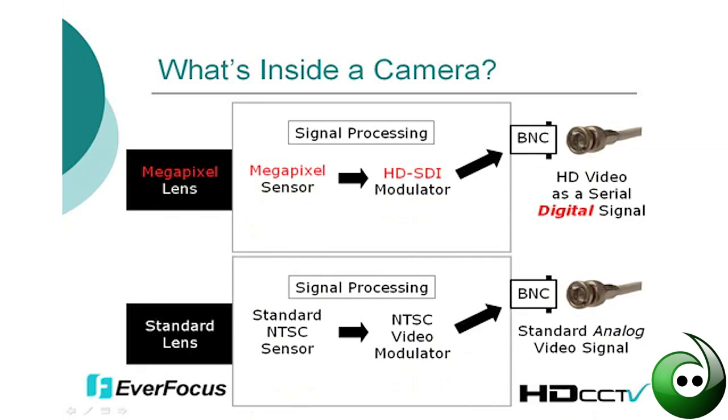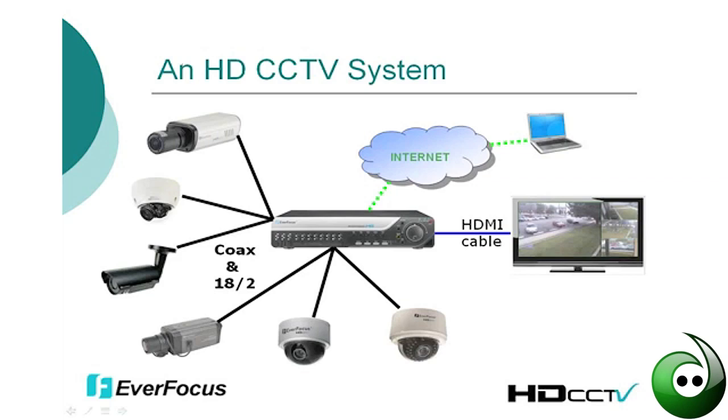And a megapixel camera will have a megapixel lens, a megapixel sensor, some signal processing, and then an HD-SDI modulator, and coming out of the BNC is HD video as a serial digital signal. So the topology of an HD-CCTV system looks like this, which I think you will find is exactly similar to the topology of any analog system that you've installed.